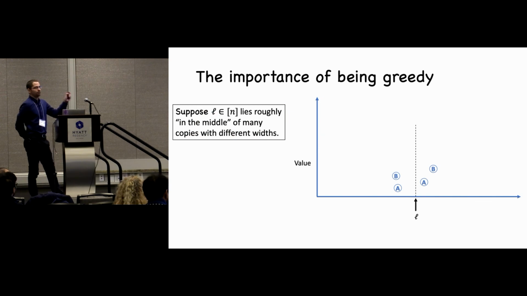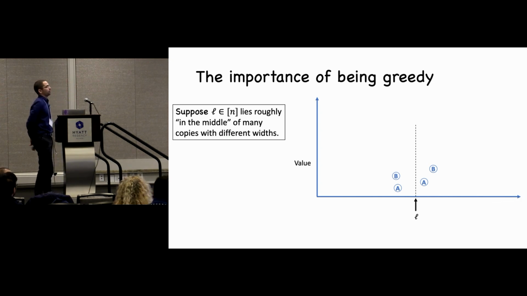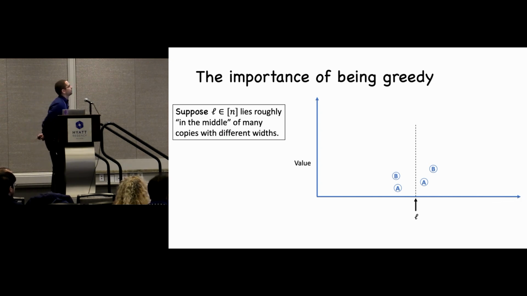And this very simple claim does wonders for the structure of the problem. So let's suppose that some point L lies roughly in the middle of many copies that have different widths, that have different scales. So let's see what this claim gives us.